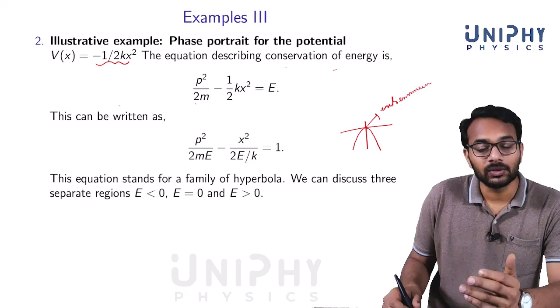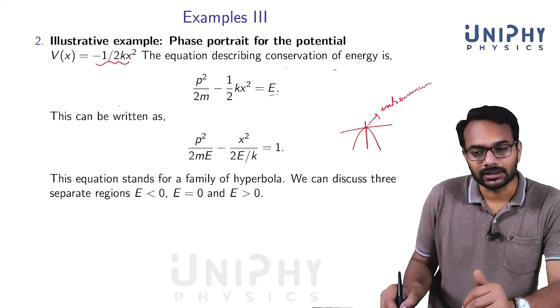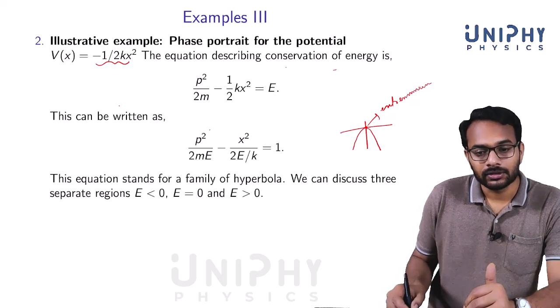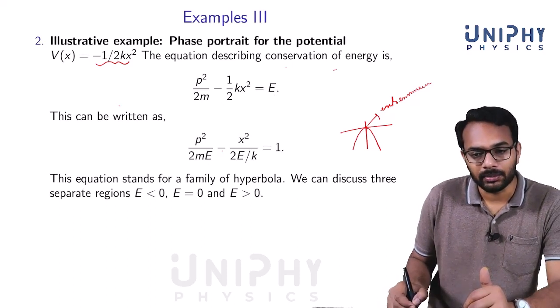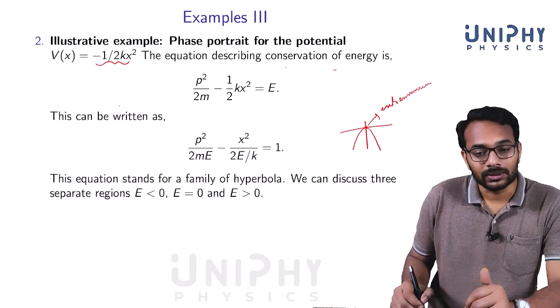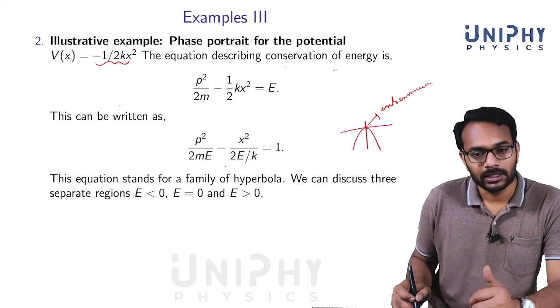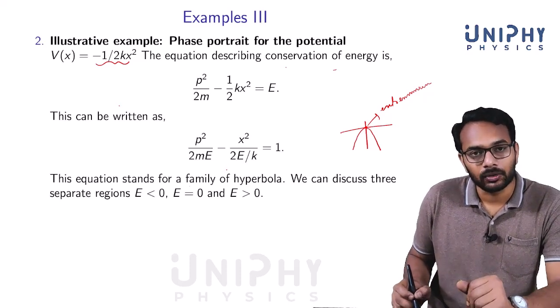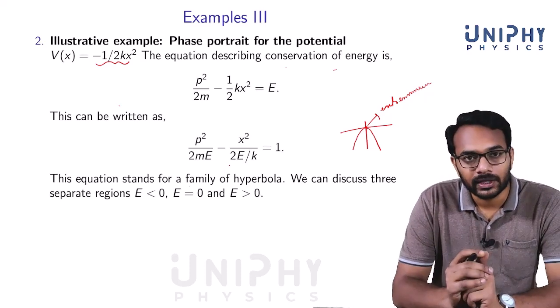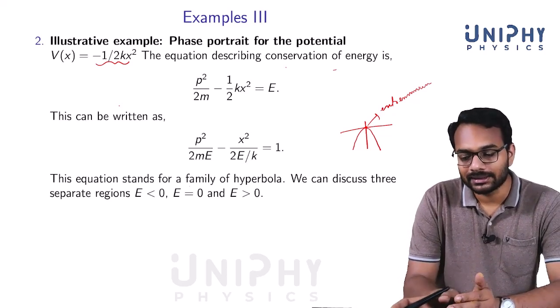You see that p squared by 2m minus k x squared by 2 is equal to E. So p squared by 2m minus x squared by 2E/k is equal to 1. This equation stands for a family of hyperbolas, so the plots we are going to get are a family of hyperbolas for different values of energy.